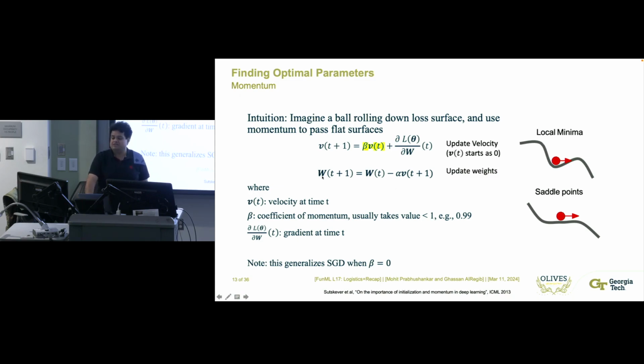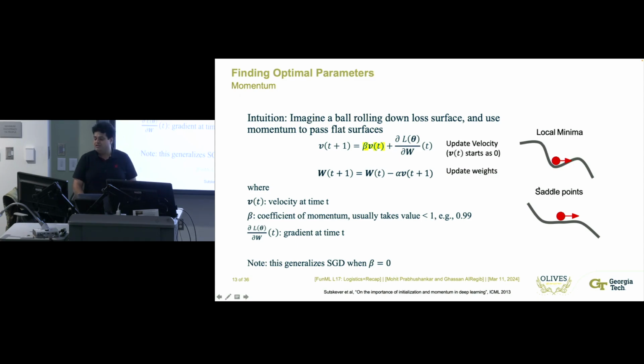Before, what we had was Wt plus 1 equals Wt minus alpha into the gradient at that particular iteration. But now it's Vt plus 1, which is a combination of the gradient at this iteration, which is dou L by dou W, plus some kind of a velocity function, momentum, which is beta into Vt.